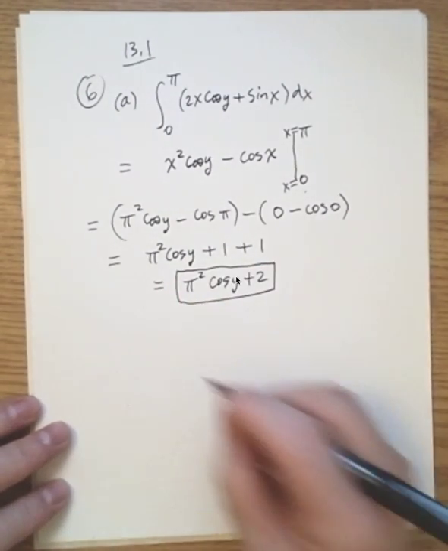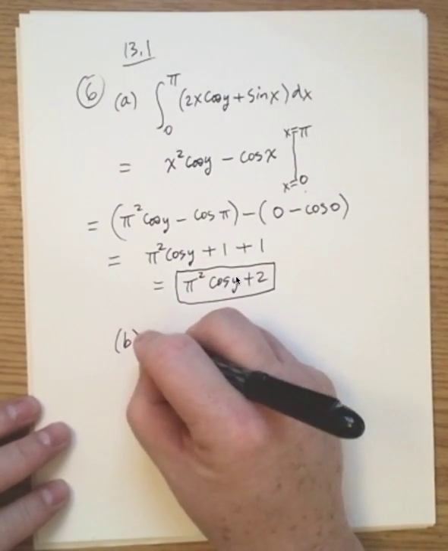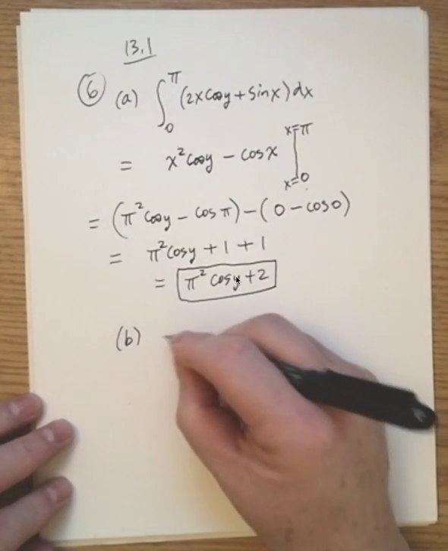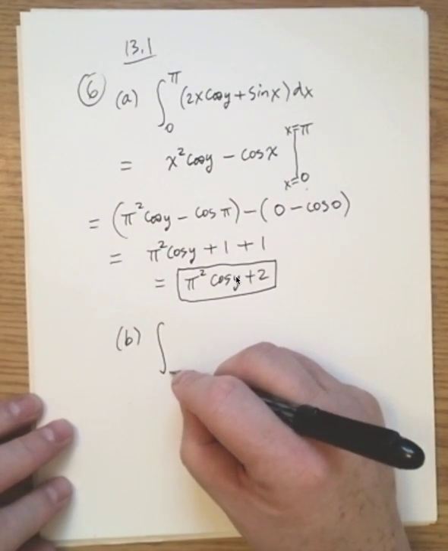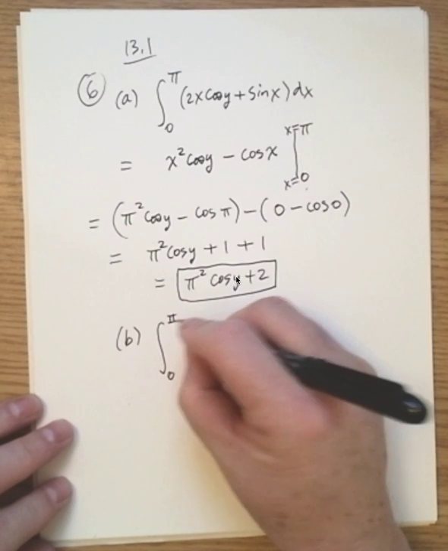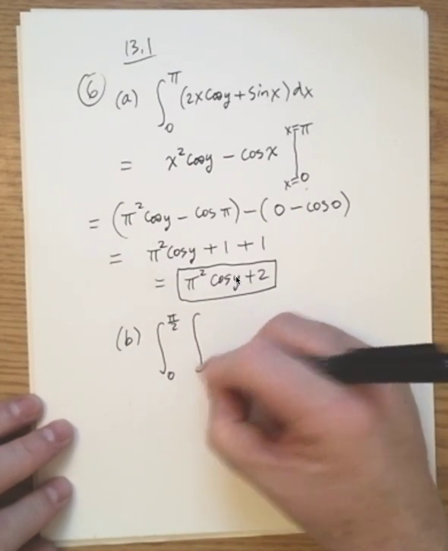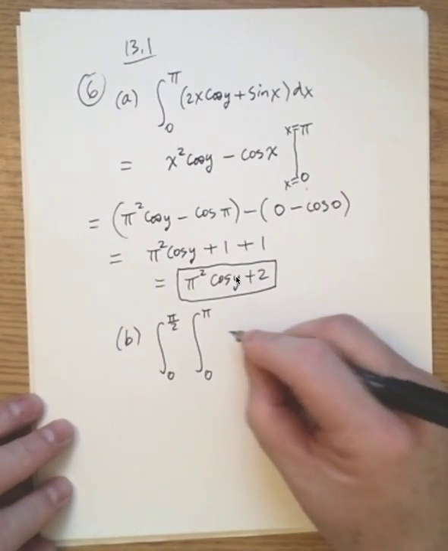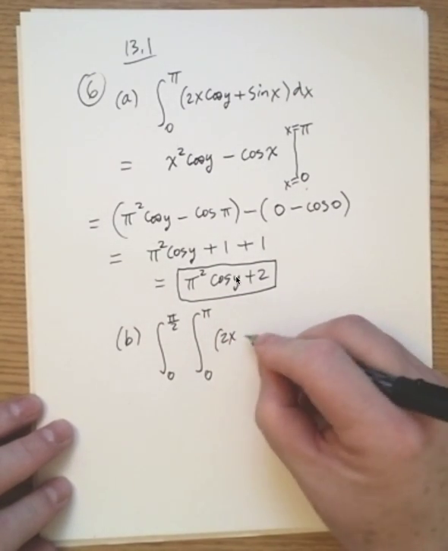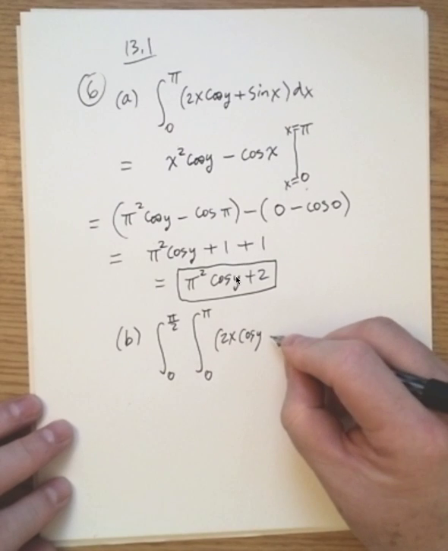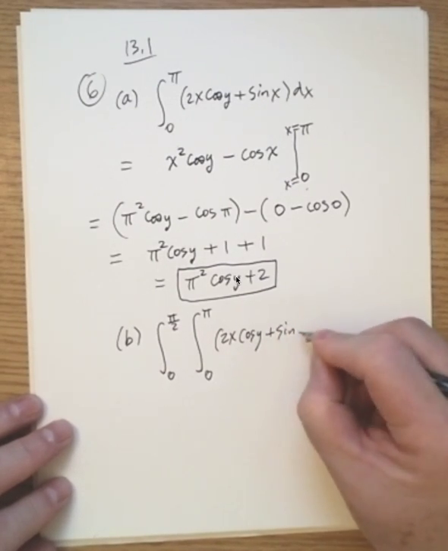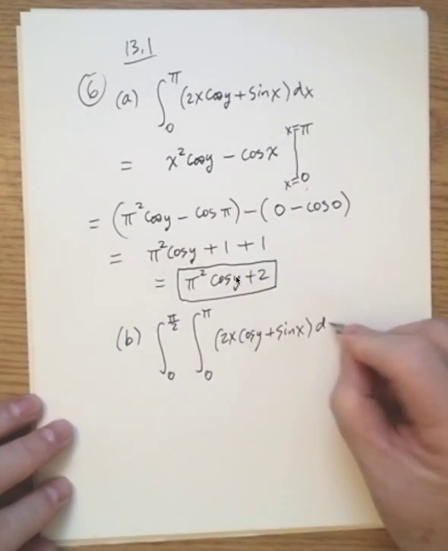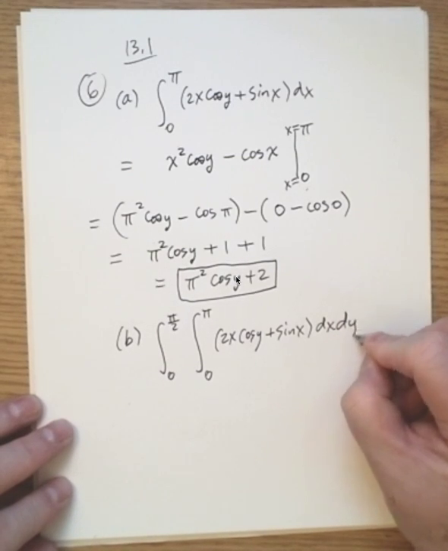That's for part A. For part B, we want to do this. We're integrating from 0 to pi over 2 the integral from 0 to pi of 2x cosine y plus sine x dx dy.